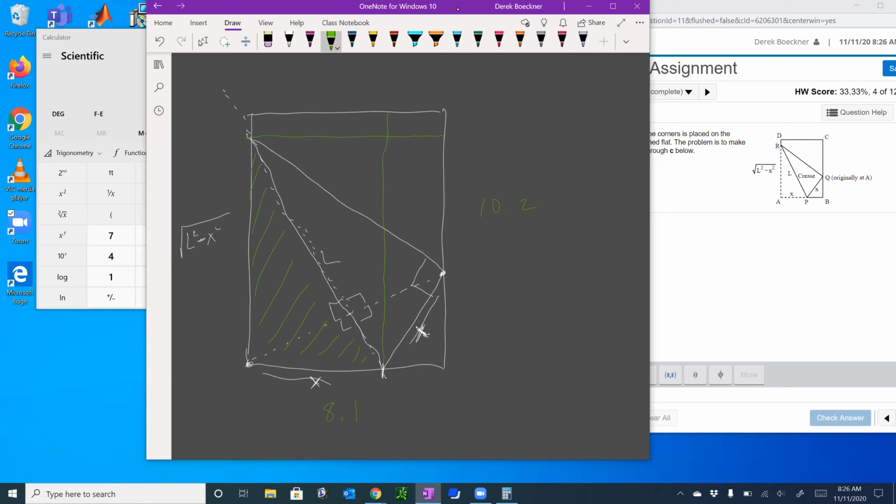Okay. So this length is 8.1 minus X. And this is 10.2 minus square root of L squared minus X squared. Okay.